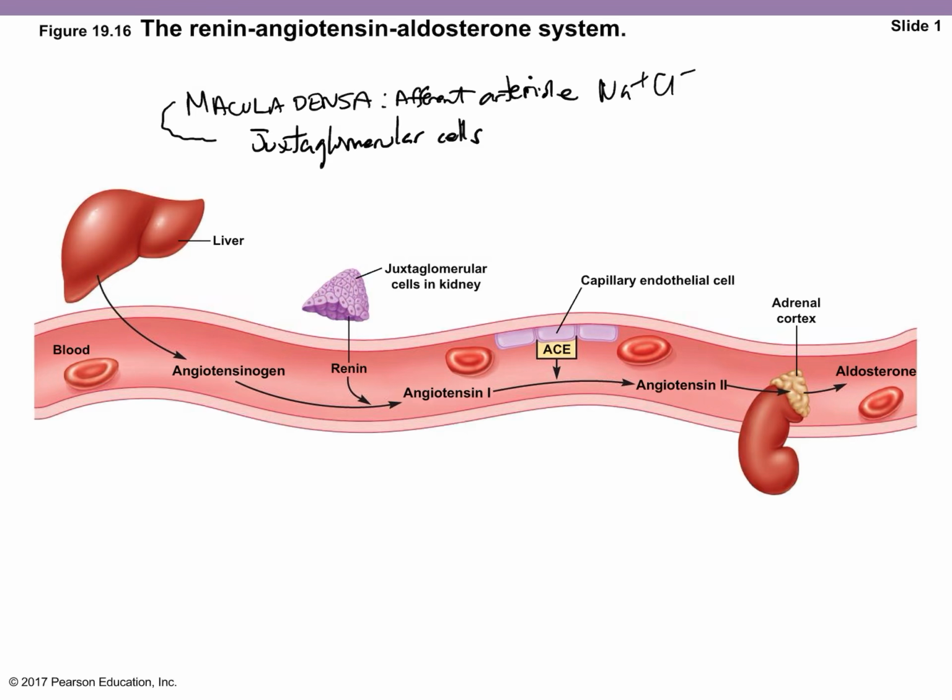So the macula densa talks to the juxtaglomerular cells with a paracrine. Paracrines are just little molecules secreted. The locally acting hormones are going to tell these juxtaglomerular cells to secrete renin. What is renin? Renin is a proteolytic enzyme, and it's going to cleave angiotensin 1.